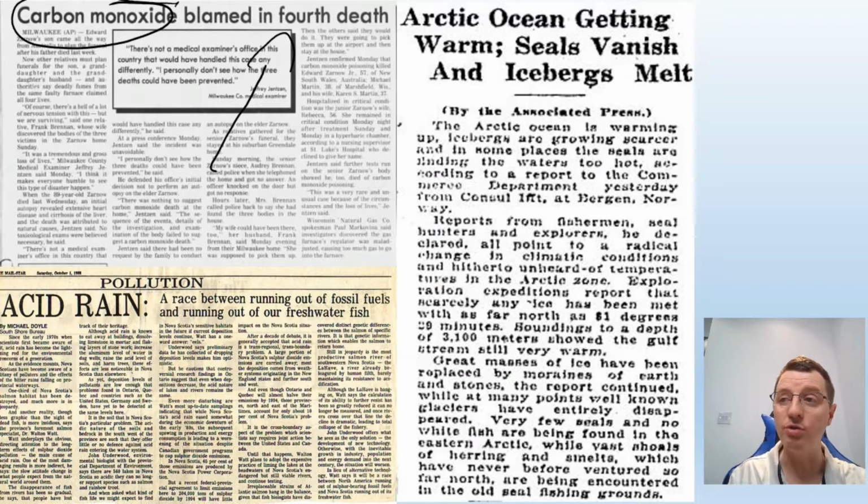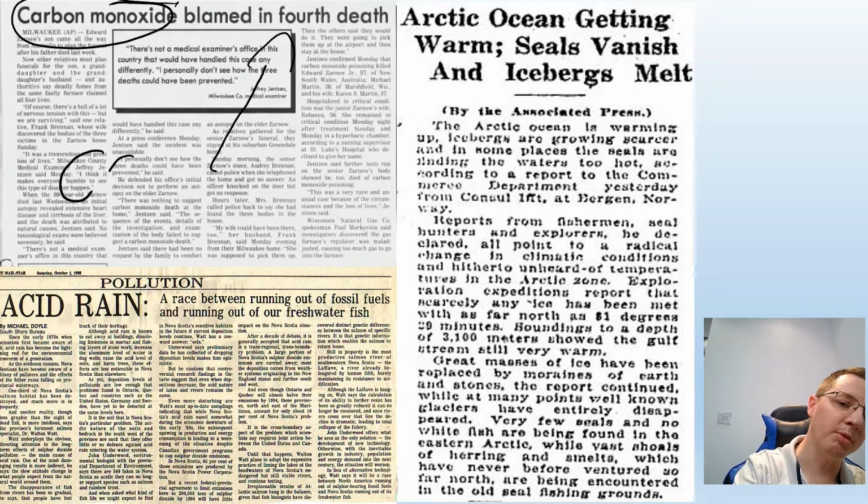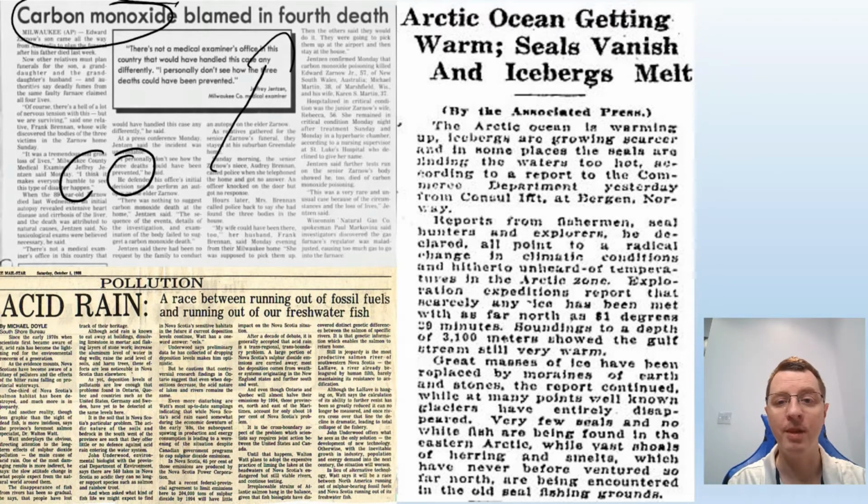That means no oxygen can get to your cells, they can't respire, they're going to die, and so you will die. So this is clearly not a very nice gas, carbon monoxide. One carbon with a single oxygen.